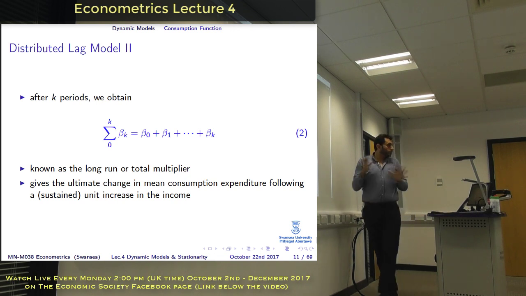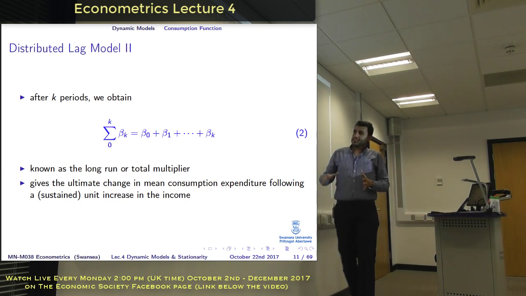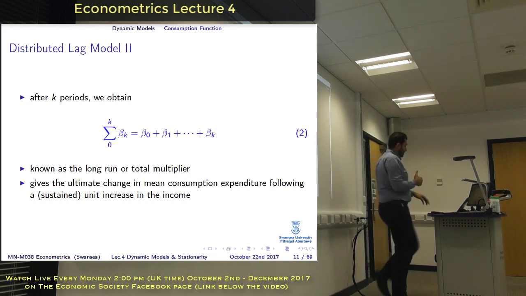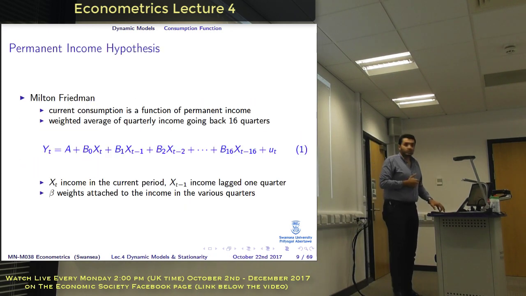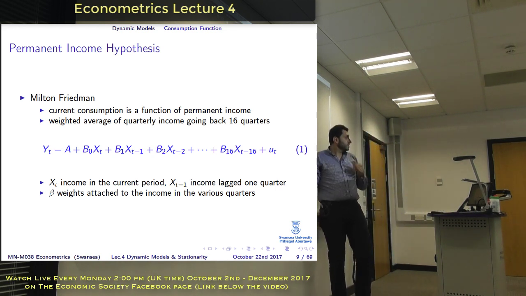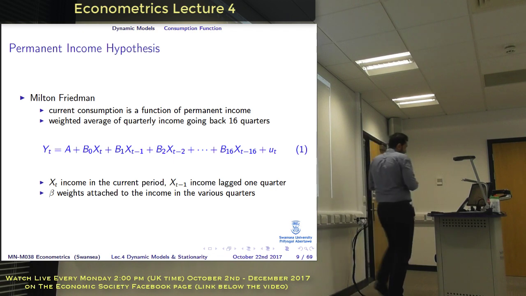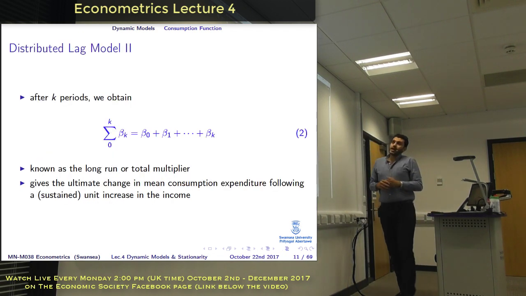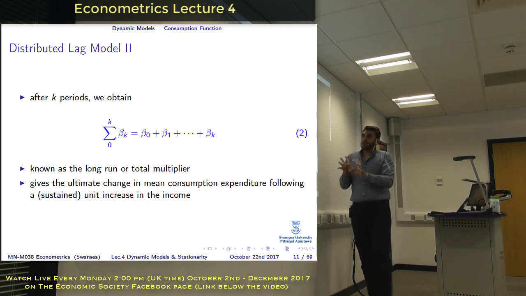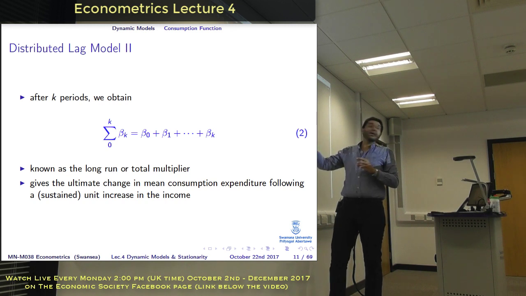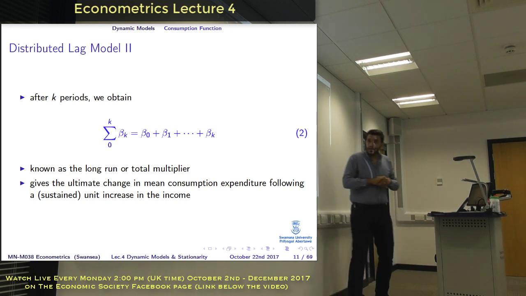If we have a more general form of the model, let's say we have k lags. In the previous model, the one I showed you in the first slide, we go back 16 lags, or 16 time periods in the past. But in a more generalized form of this distributed lag model, beta could go back to k lags, so we'll have beta k.